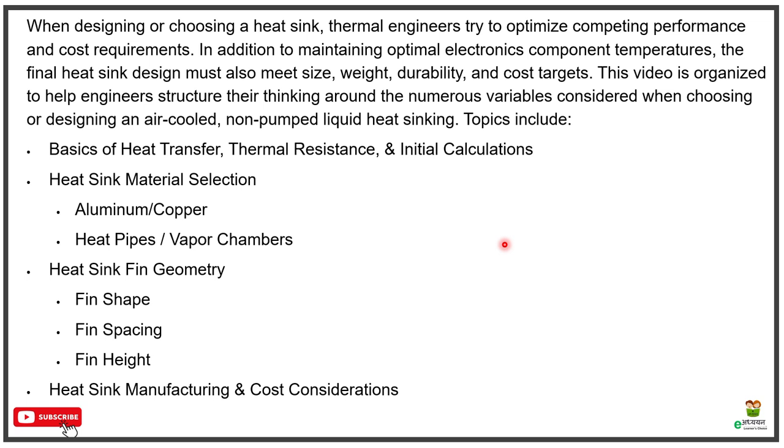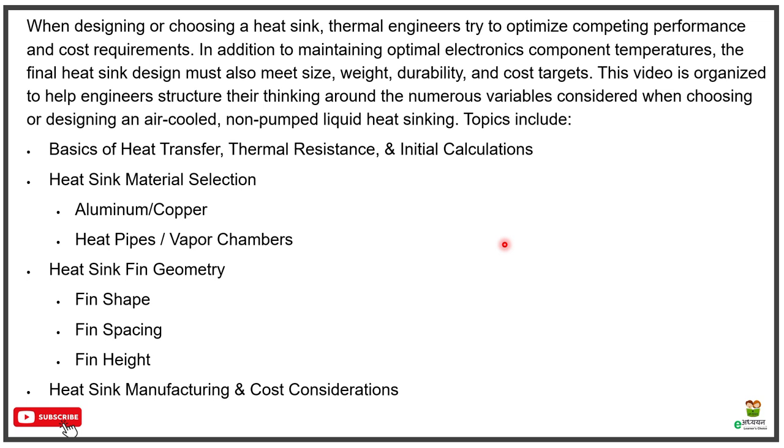So this video is organized to help engineers in thinking around the numerous variables in the designing of an air-cooled, non-pump liquid heat sink. The topics we will be covering are the basics of heat transfer, thermal resistance and initial calculations.